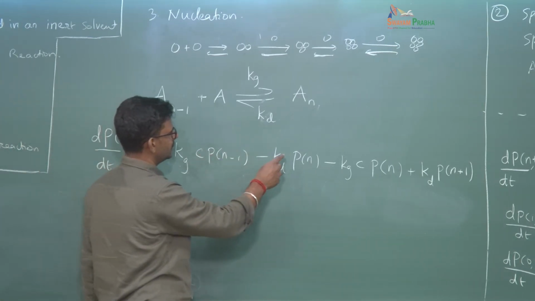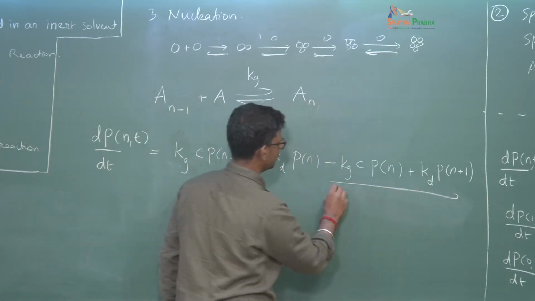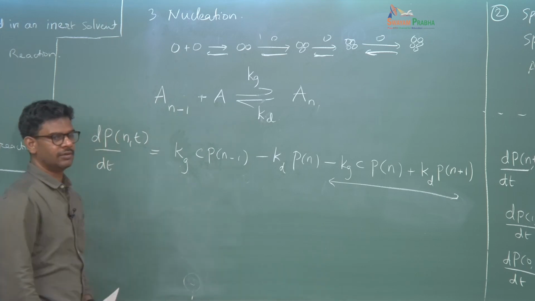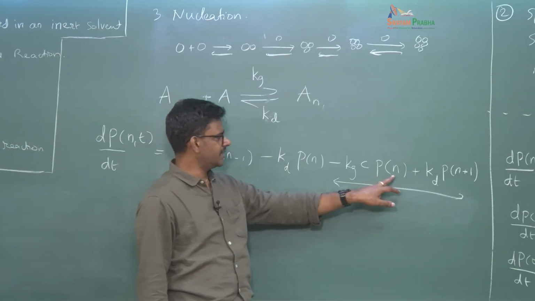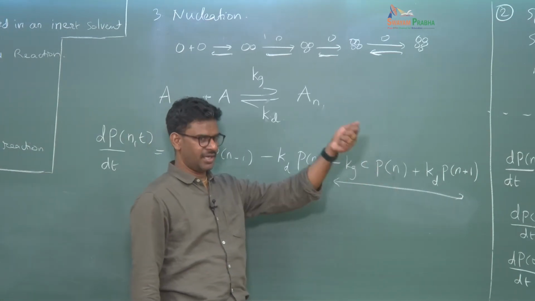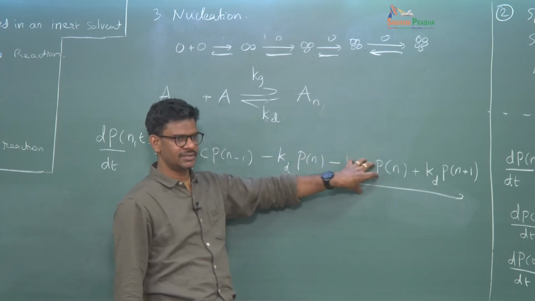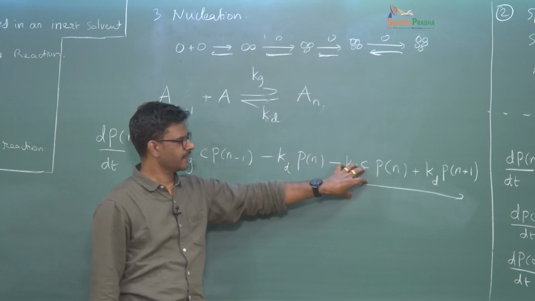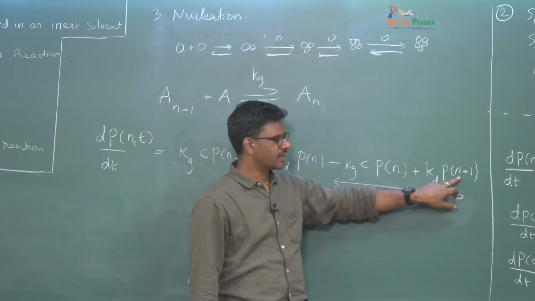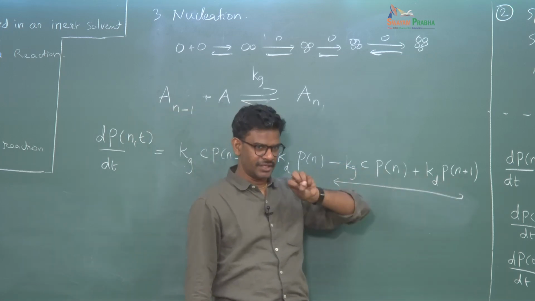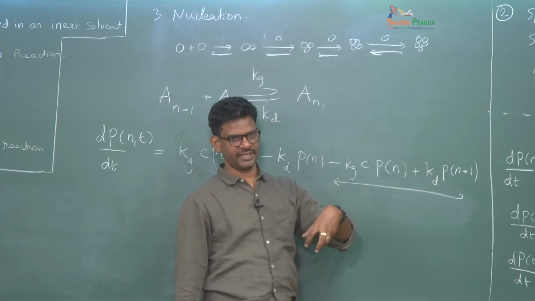Suppose you have a cluster of n, it can take one more monomer and become n plus 1. That is a destruction, a loss term. And then you can have a cluster of n plus 1 that dissociates and creates P(n).